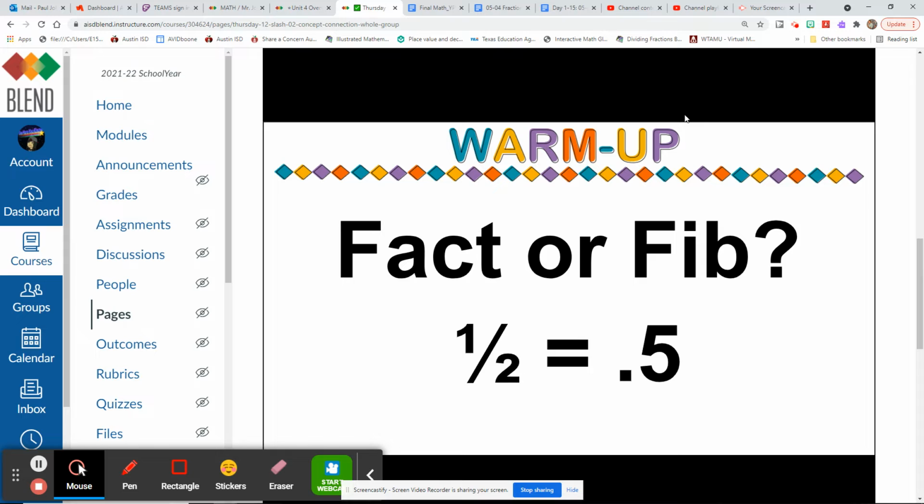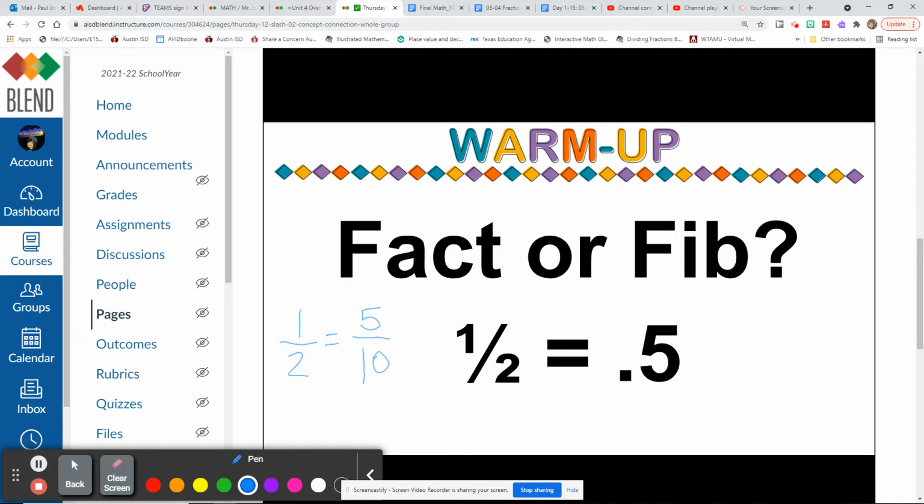Okay, welcome back. So, 1/2 equals what was the decimal? Oh, 5/10. Well, let's think about this for a second. 1/2 is equal to 5/10.